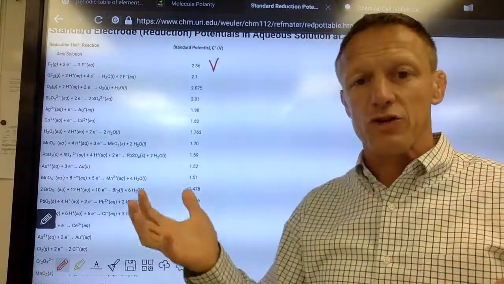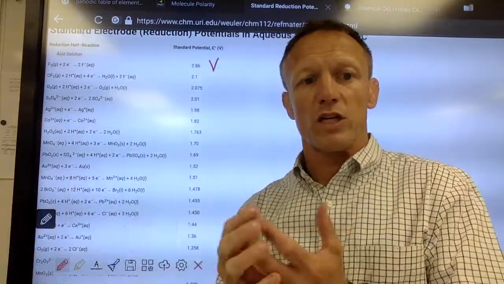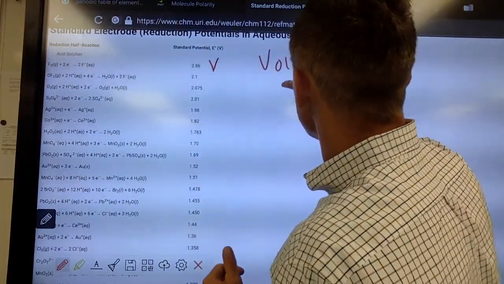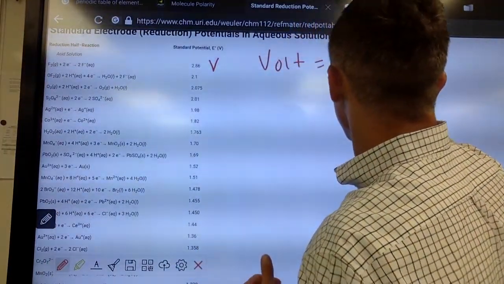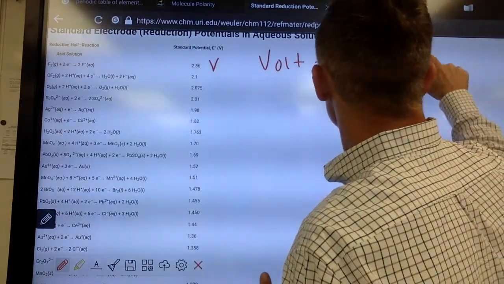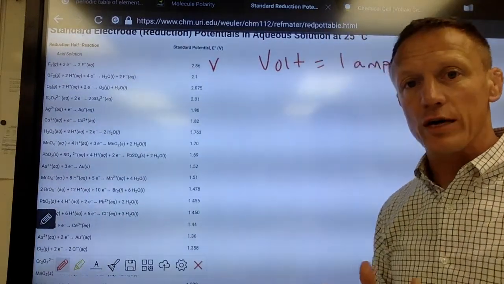A volt is a potential difference between two things that makes electrons move from one spot to another. So technically a volt is 1 amp, 1 ampere per 1 ohm. So it's really the amount of current that flows through something.